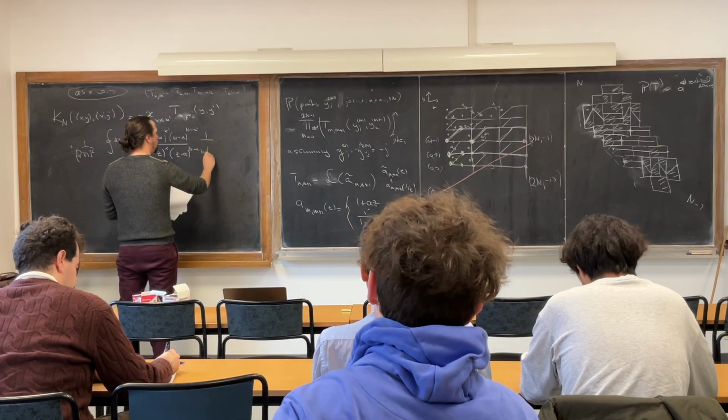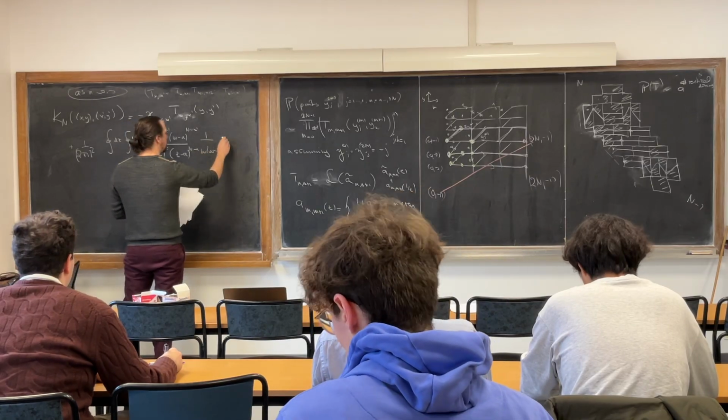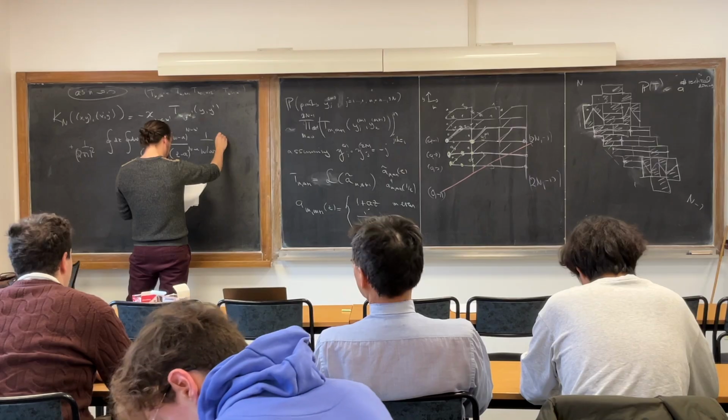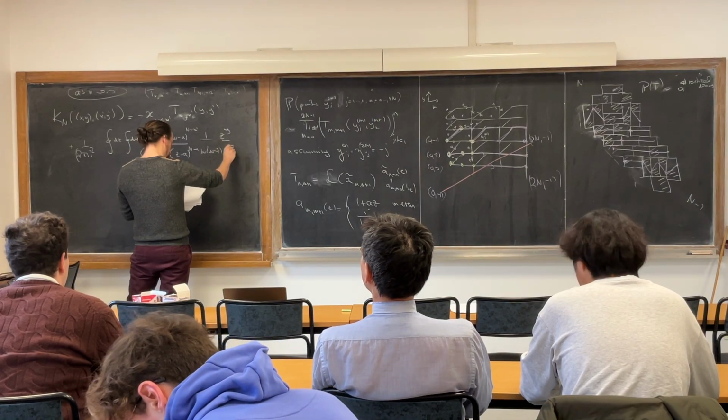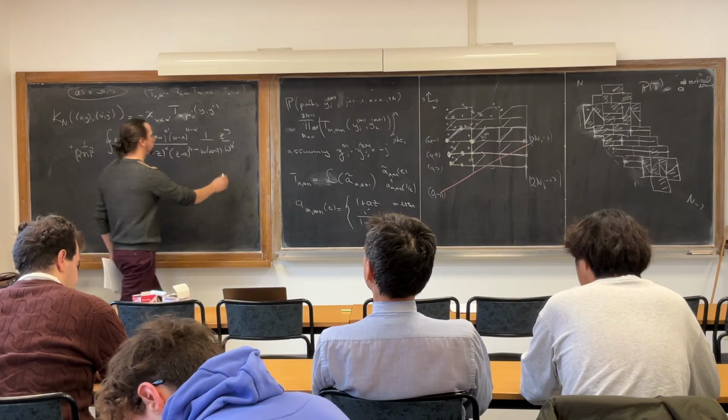And then here I have w minus z, times z to the y over w to the y prime.